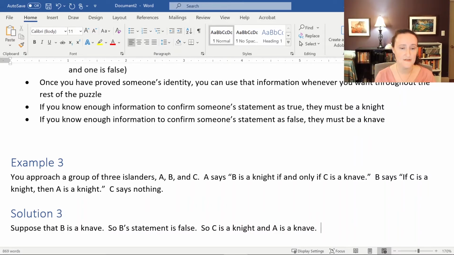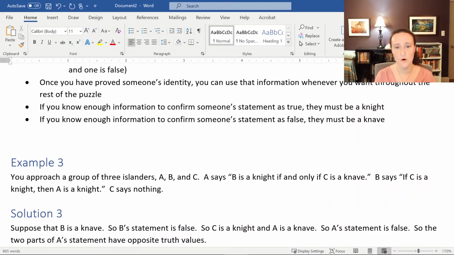All right, now that gives us 2 pieces of information to follow up with. Of course, C has nothing to say, but we can follow up with A being a knave and make the negation of A's statement. Well, actually, you don't really want to write out the negation of an if and only if statement. It's really long and confusing. What you really just want to say is that when you know an if and only if statement is false, just say that the 2 parts have different truth values.